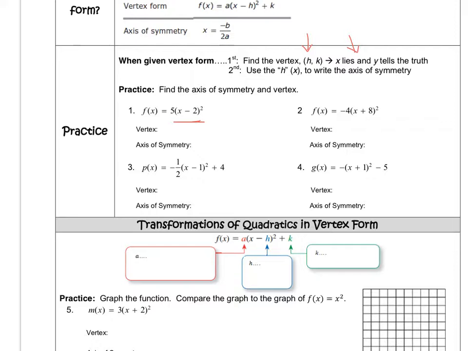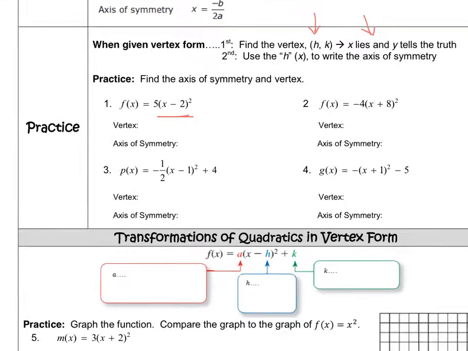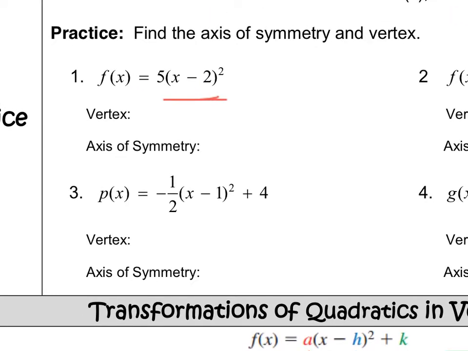What we're trying to find from it is our vertex and our axis of symmetry. Let's make this a little bigger so we can see it. We're going to use our h and our k to figure out our vertex and our axis of symmetry. We have an h here. We don't have a k, so we can say plus 0. It's not there, but if we label it as a k and do the plus 0, it's easy to see.